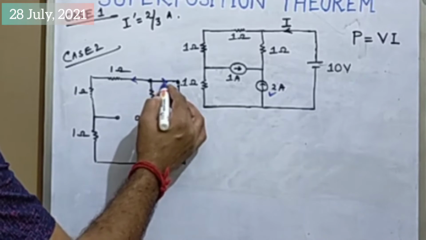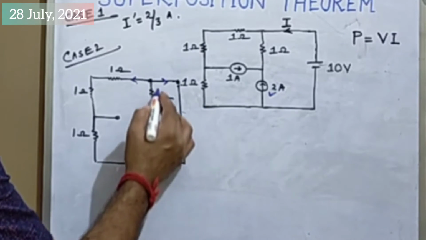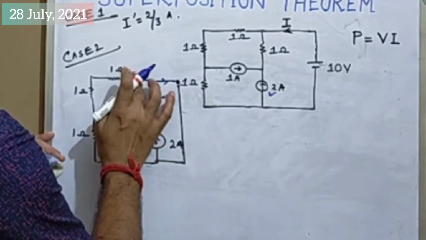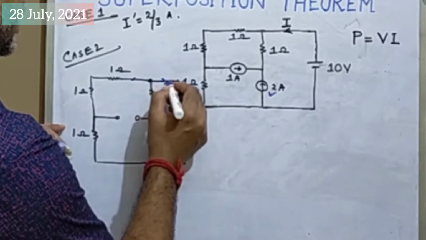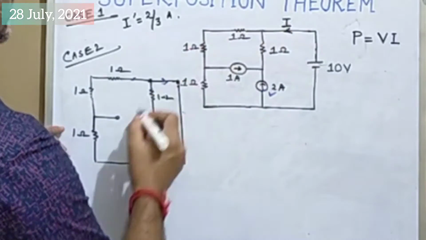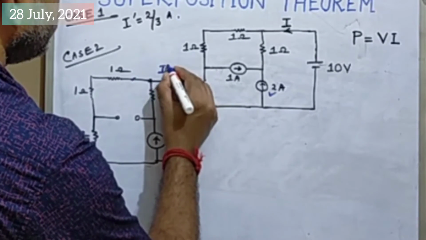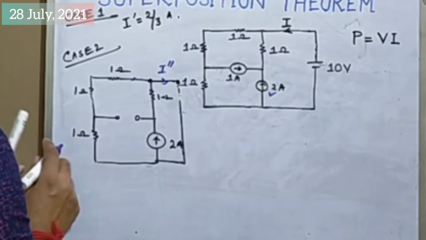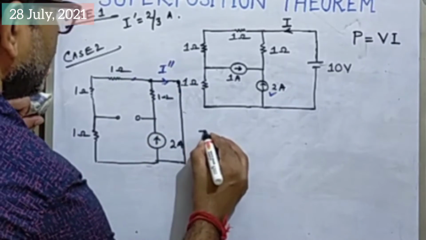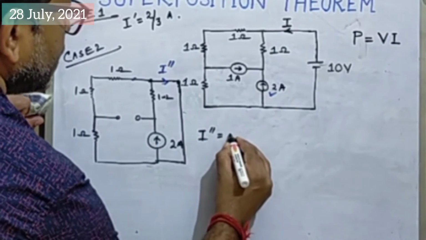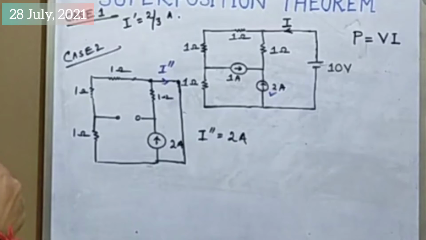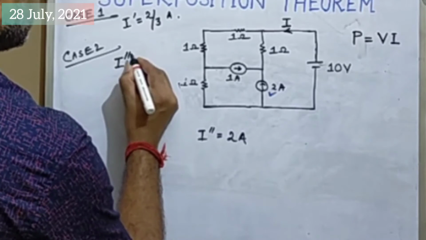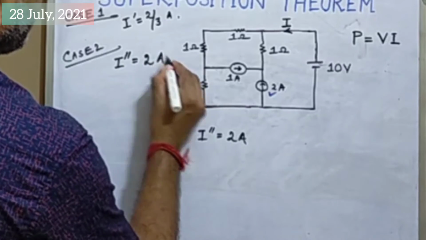So ultimately, as this branch is short circuited, the entire 2 ampere current will flow through this branch. Here also this current direction is not the actual direction. This current is I double dash. That means I double dash is nothing but 2 ampere. In case 2, we have found I double dash, which is 2 ampere.